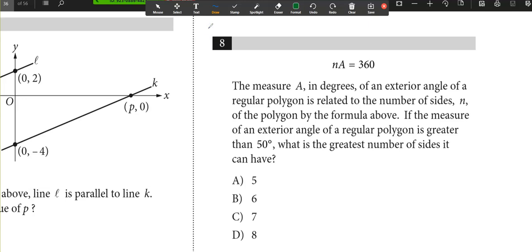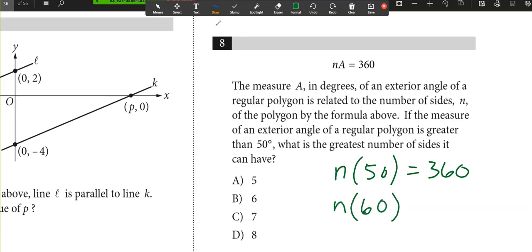If the measure of an exterior angle of a regular polygon is greater than 50, okay, so let's try 51. Oh, wait a sec, we don't have a calculator. Maybe I should try just 50. Or maybe I should try 60. 60 is greater than 50. So what do you get on the one on the bottom when you divide out the 60?